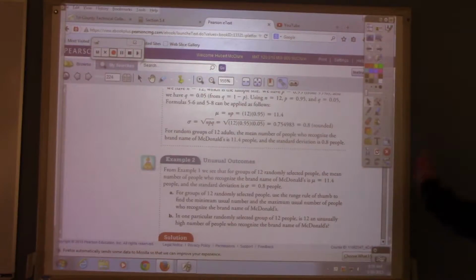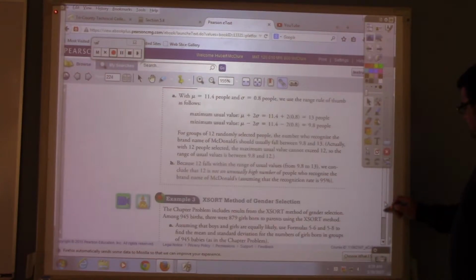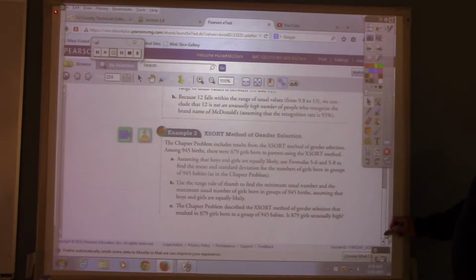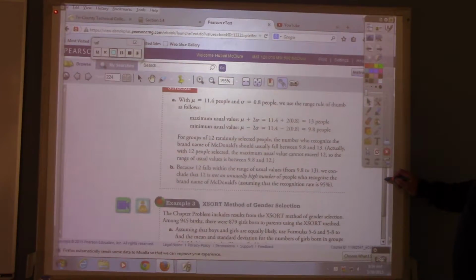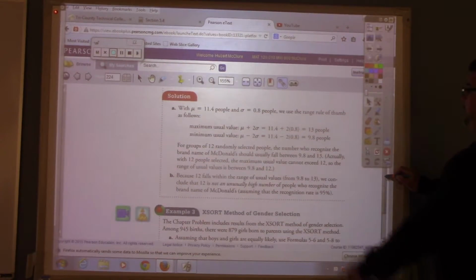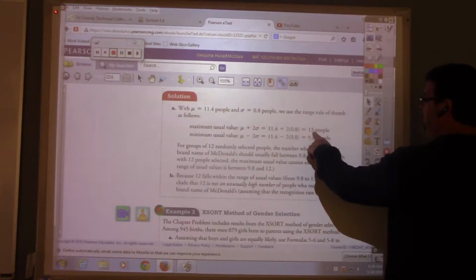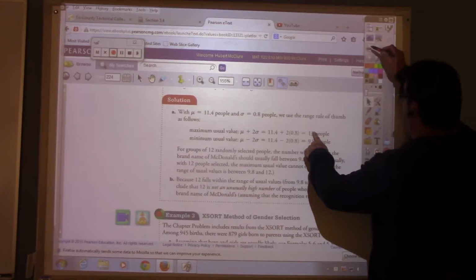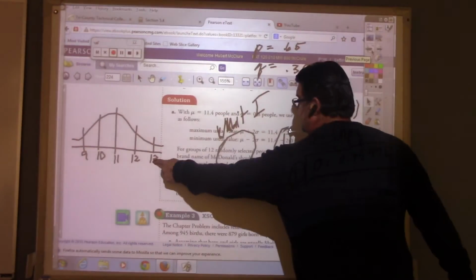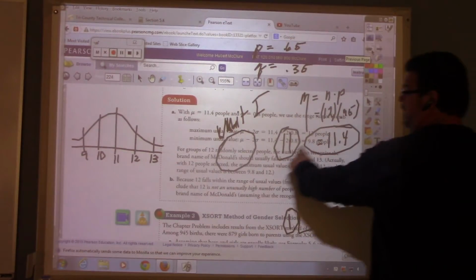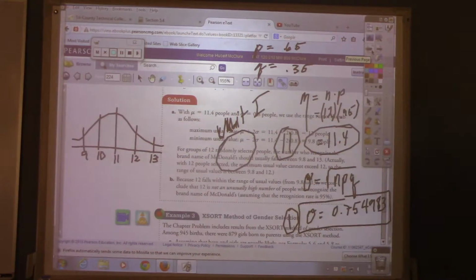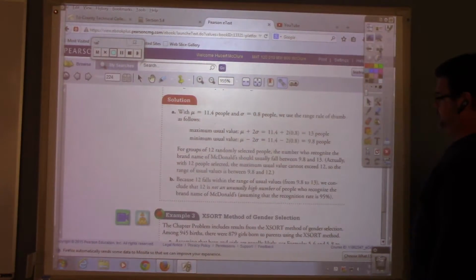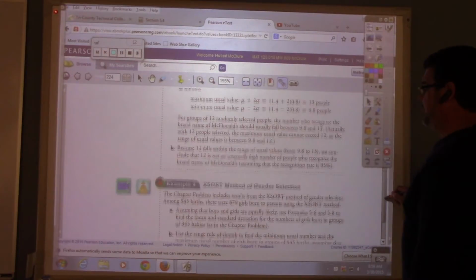So we've already done that, sorry. They should have a picture of it. They didn't do a picture of it. Oh, there it is. 13 people was our top one, right? Right there. And 9.8 was our bottom. Well, I got 9 because I didn't do the decimals. So that's that. So let's look at this one right here.